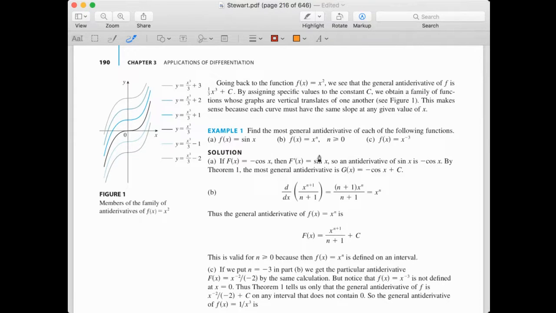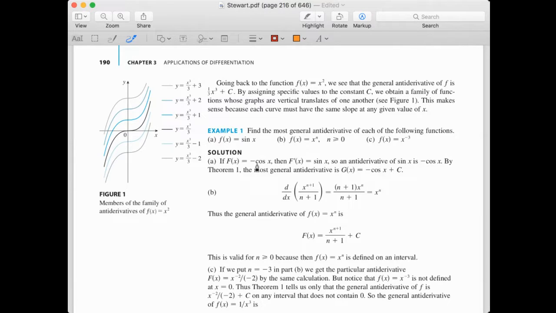That's cosine, right? Cosine is negative. That's negative cosine. So our original function has to be negative cosine, because the derivative of cosine gives us a negative sign, so the negative sign gives us a positive sign. So it's the opposite thinking. We think, okay, whose derivative is the sine?